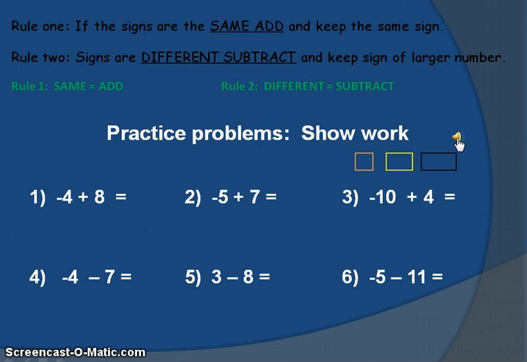All right, try to finish up. Give you a couple more seconds. Go ahead and make sure you have your boxes done, and get your answers down.